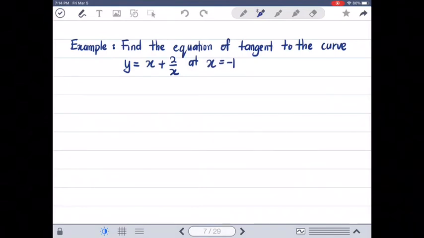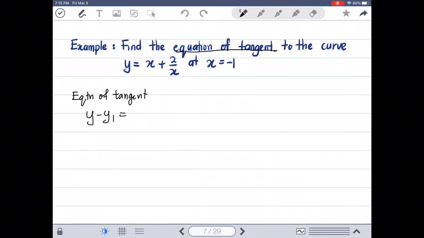Now let's have a look at one more example. Find the equation of the tangent to the curve y equals x plus 2 over x at x equals negative 1. We want to find the equation of tangent. The formula is y minus y1 equals mt times (x minus x1).